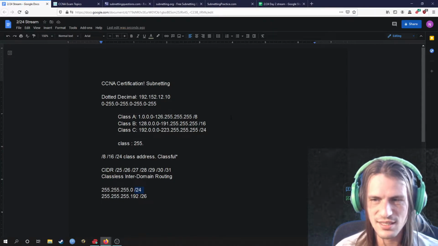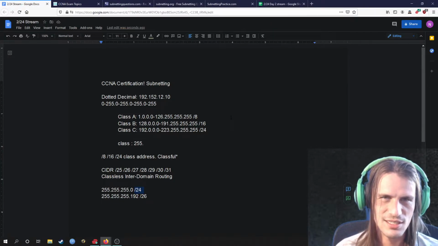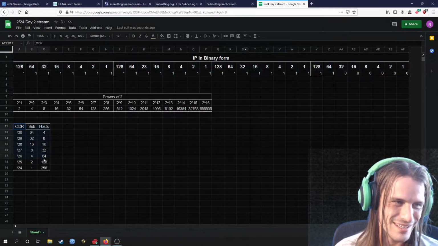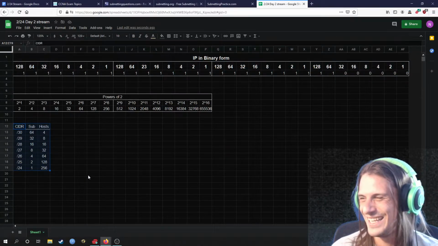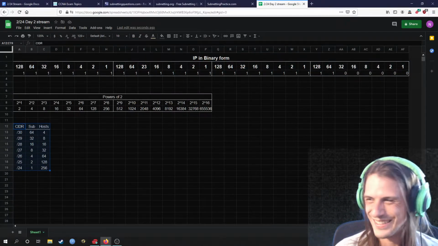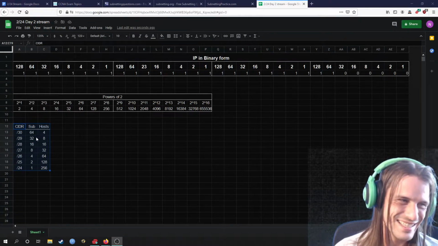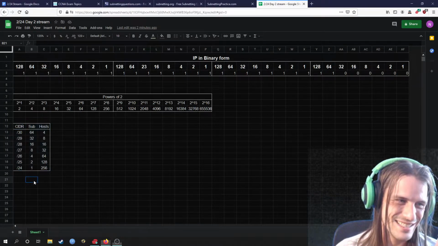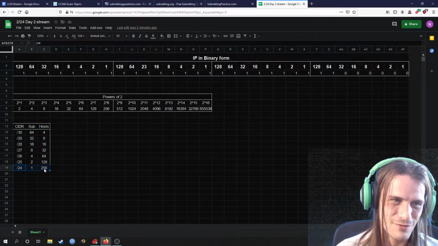But a lot of this stuff, it's just easier to remember a little chart sometimes. Down here, I've got this chart that's /24 through /30, which are pretty common subnets that you're going to be using, because /24 is a default, right?